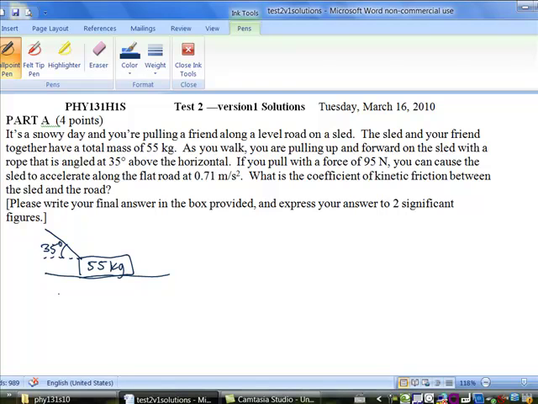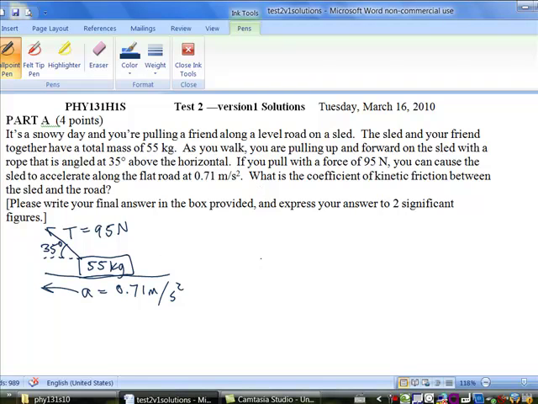If you pull with a force of 95 newtons, so we know the tension, you can cause the sled to accelerate along the flat road at 0.71 meters per second squared. So this is non-equilibrium. a equals 0.71 meters per second squared, and that's going to be going probably that direction. What is the coefficient of kinetic friction between the sled and the road?